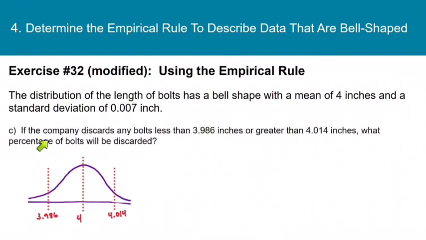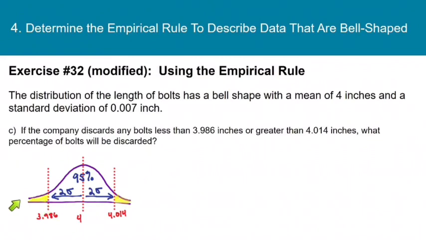And here's part C. If the company discards any bolts that are less than 3.986 inches or greater than 4.014 inches, what percentage of bolts will be discarded? Well, we've already figured out that these 2 numbers are 2 standard deviations away from the mean, and we know that 95% of the observations should be between those 2 numbers.